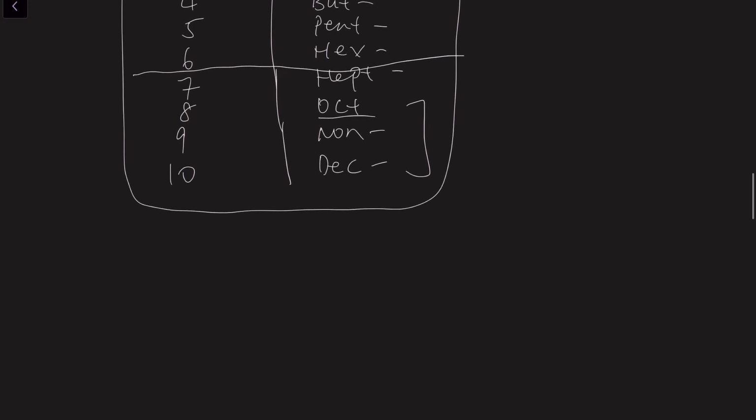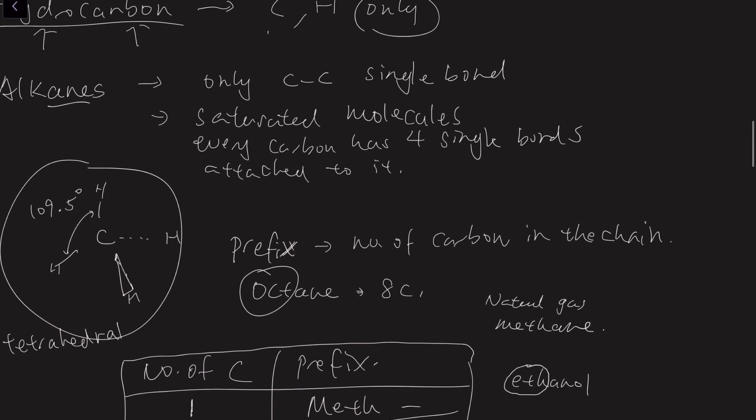And the general formula for alkanes is CnH2n+2. So if we have 1 carbon, we should have 4 hydrogens. This makes sense, because for methane, let's verify this rule: you have CH4.